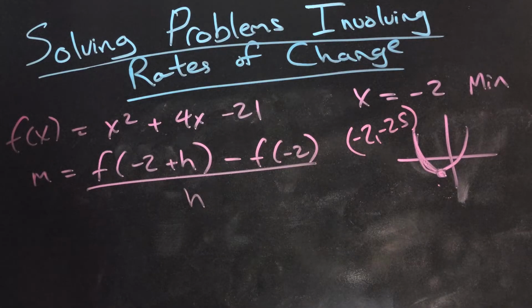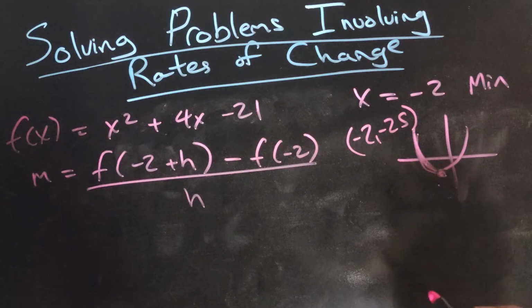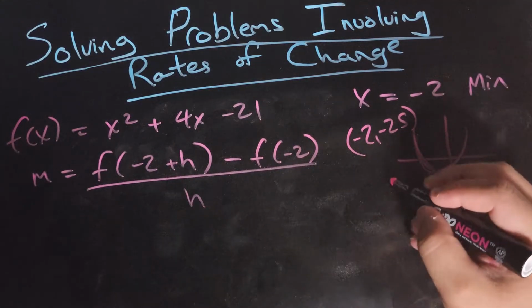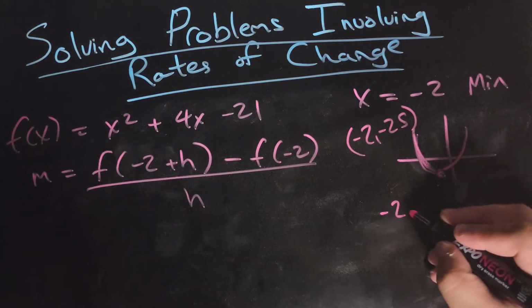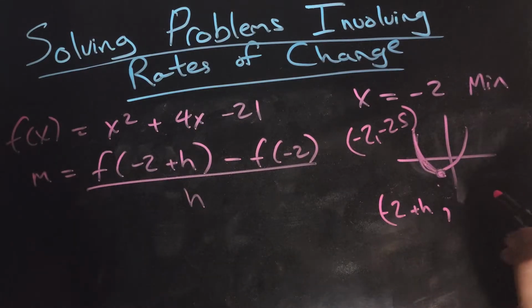So with that point, and then we're also going to use another point which is going to be generic. So that point that we're going to be going towards is going to be -2 plus h, the x coordinate, and then the y coordinate is going to be the f of that.